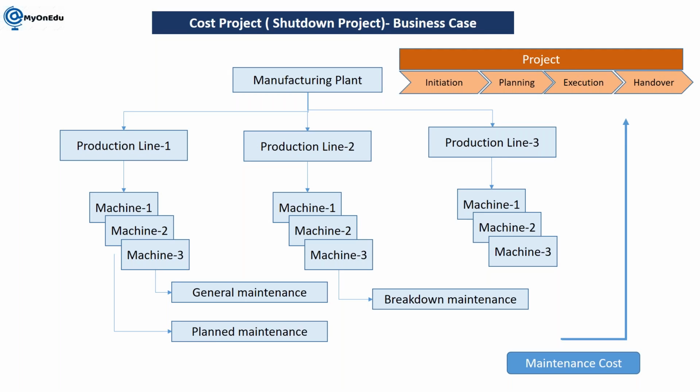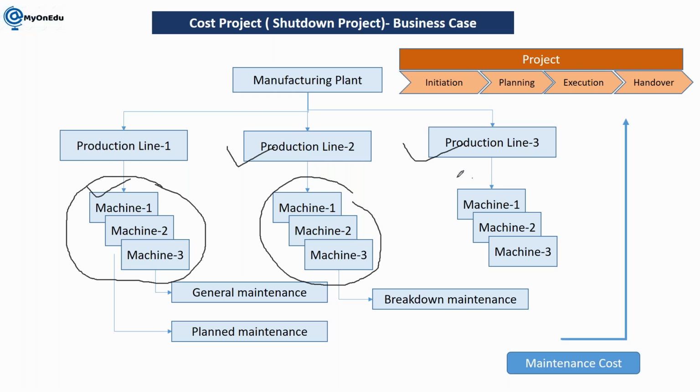Now, the next example is a cost project, your shutdown project. That is a business case for that. So a shutdown project or maintenance project or cost project. Just take one example. You have one manufacturing plant with different production lines, line 1, line 2, line 3, and each production line has different machines, machine 1, machine 2, machine 3.